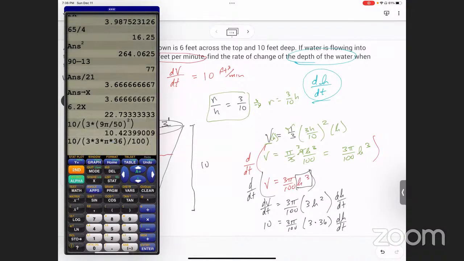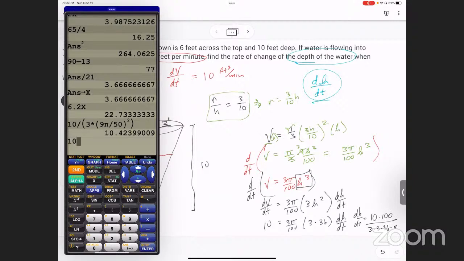No, that didn't work. They don't like how I've written it in there. All right, let's just try it over again. dh/dt equals 10 times, I'm going to just flip it. Basically, I'm going to multiply it by 100 and divide it by 3 times 36 times pi.